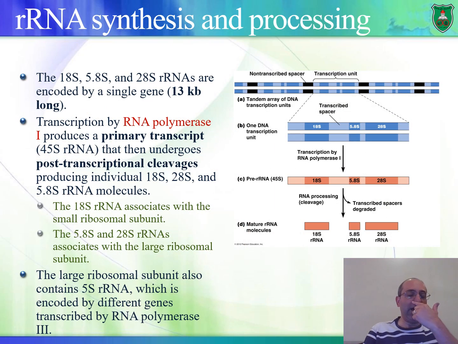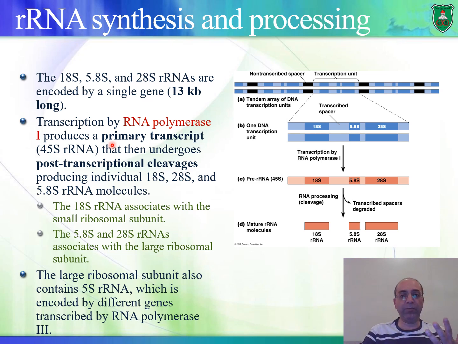Now, let's talk about the ribosomal RNA molecules. Now, these ribosomal RNA molecules are synthesized by RNA polymerase 1. Okay, we're talking here about eukaryotic cells, by the way, not prokaryotic cells. Okay, so remember we said that there are 3 RNA polymerases in human cells.